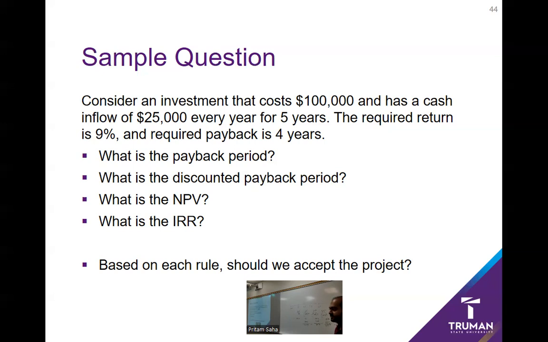NPV. How much NPV did you get? That should be the input on the calculator. Something negative, less than 3,000.